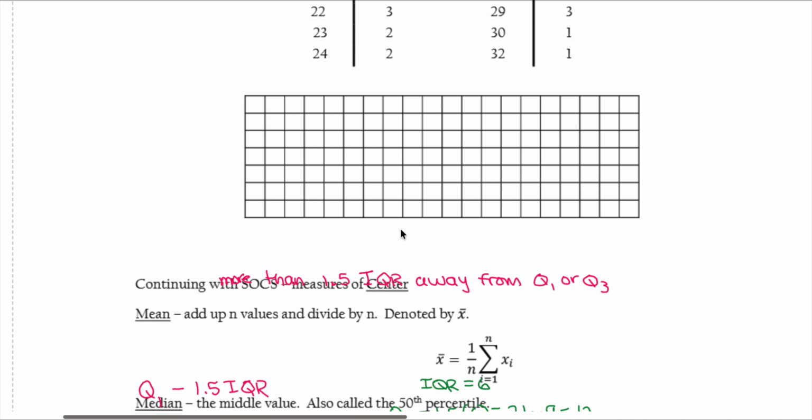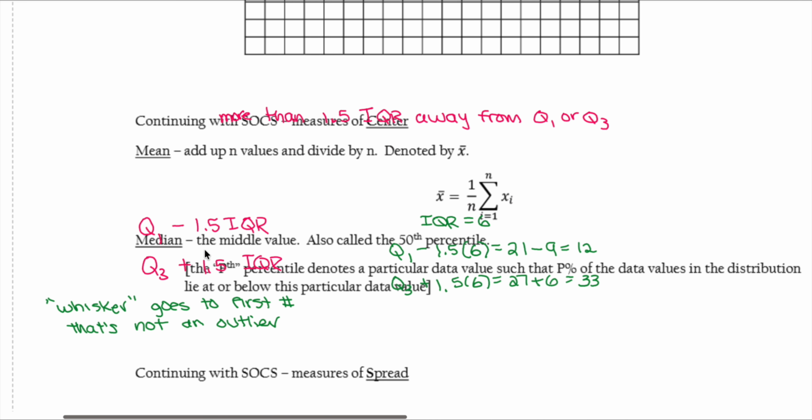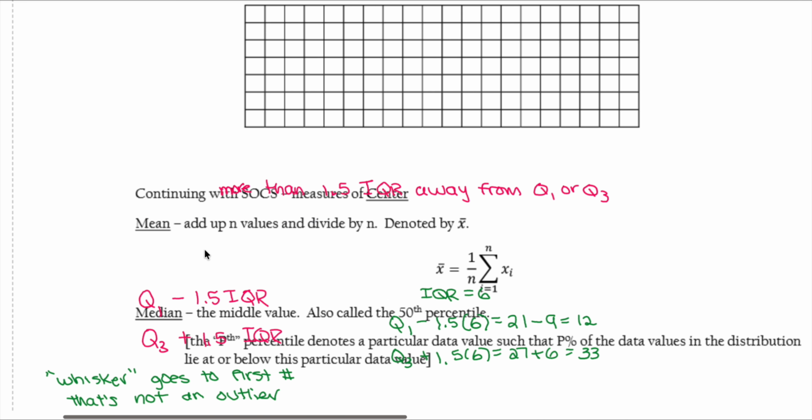So C stands for center. There are two main parts for the center. One is the mean, and the definition for it is add up n values and divide by n, and it is denoted by x bar.